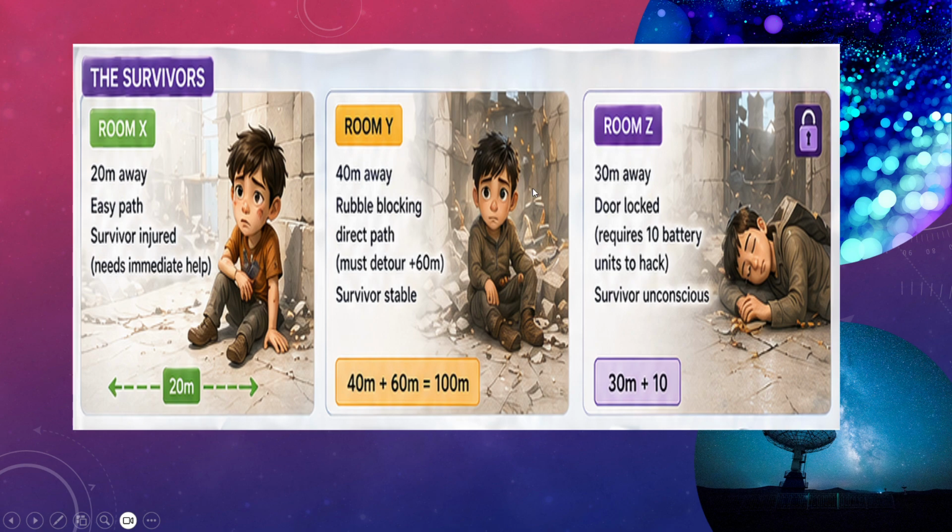Second, room Y is 40 meters away, but there is rubble blocking, which means debris has fallen and the robot has to take a detour of 60 meters to reach this survivor. That means the total distance is 60 plus 40, which is 100 meters.